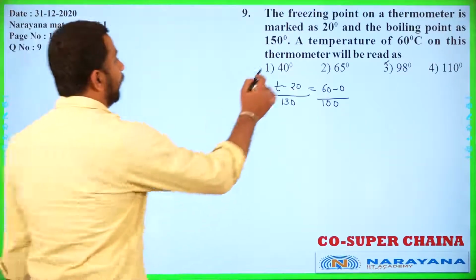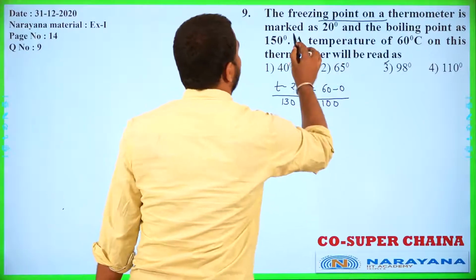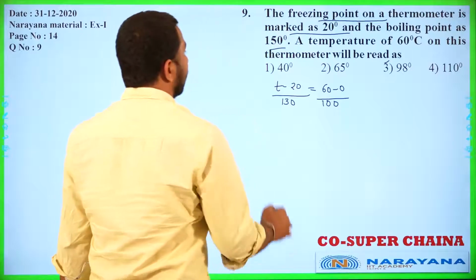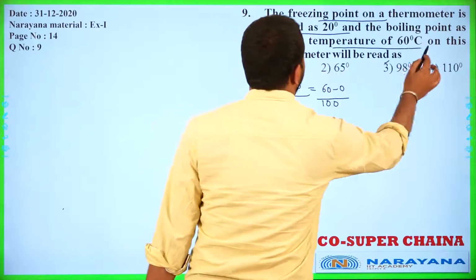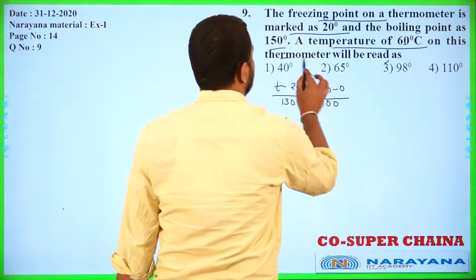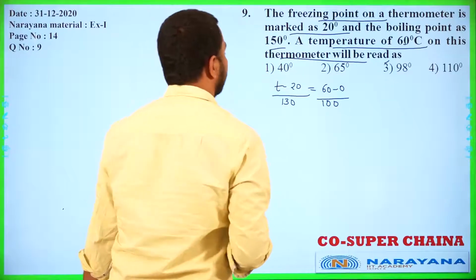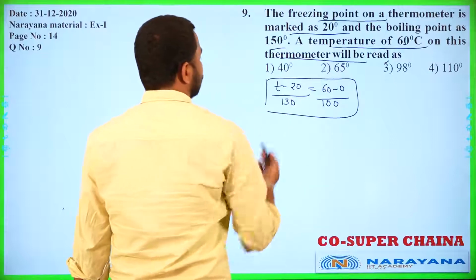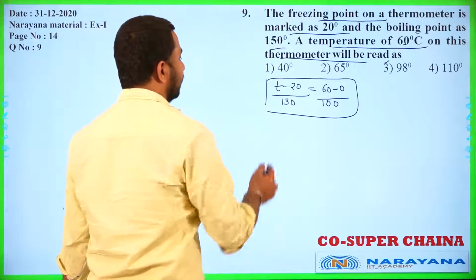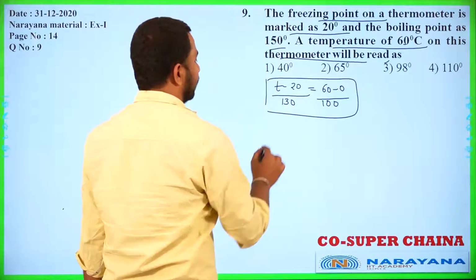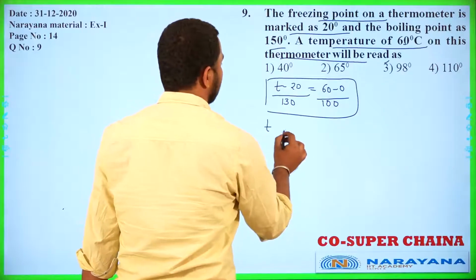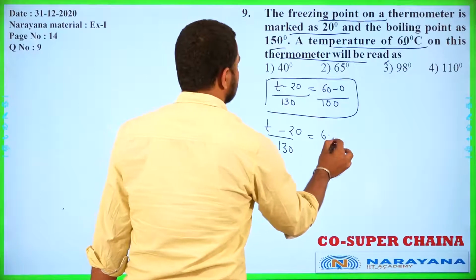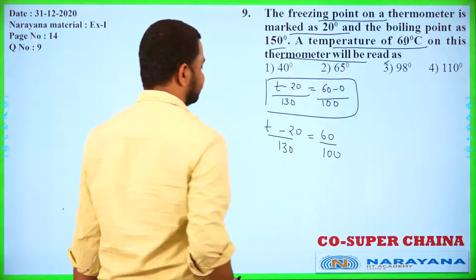Here the freezing point on a thermometer is marked at 20 degree and the boiling point is this one. The temperature of 60 degrees Celsius, what it will read on this scale, you have to find out. So use the variation scale, T minus 20 by this one. Substitute here: T minus 20 by 130 is equals to 60 by 100.